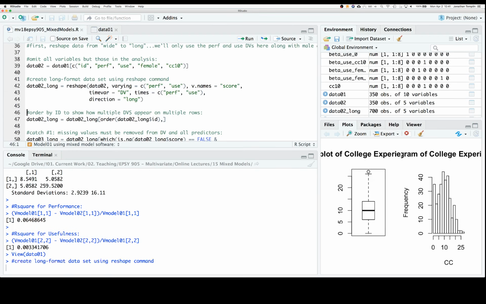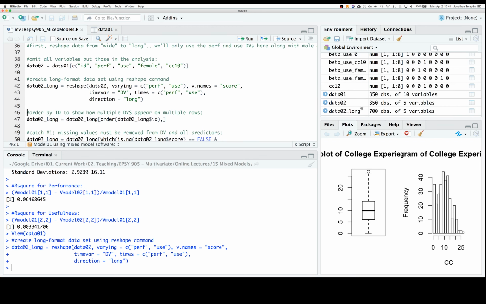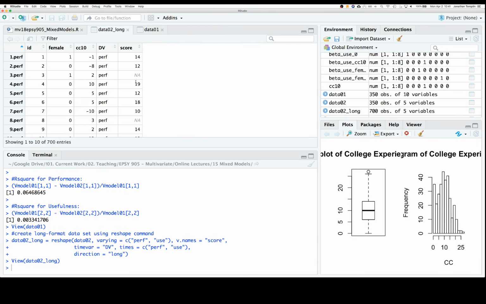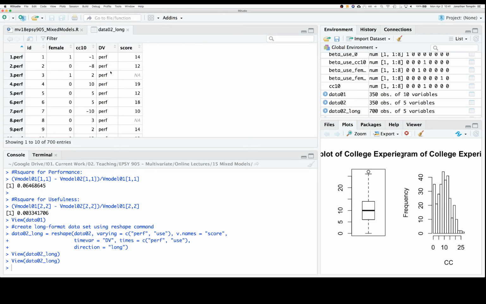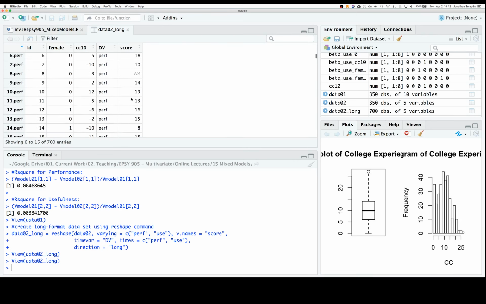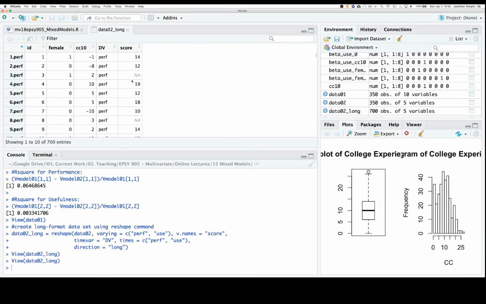If I use this reshape function right here, we end up with data 02 long. You see our reshaped data itself. But now, in this reshaped data, data 02 long, there are 700 observations. You see that some of them have missing values. Right? This first one right here, person ID 3 did not have a score for performance.